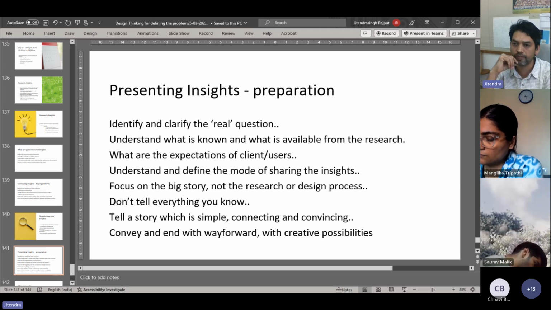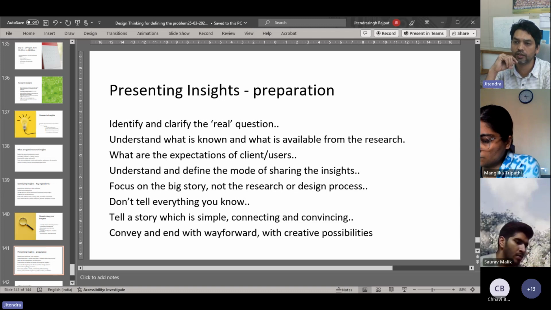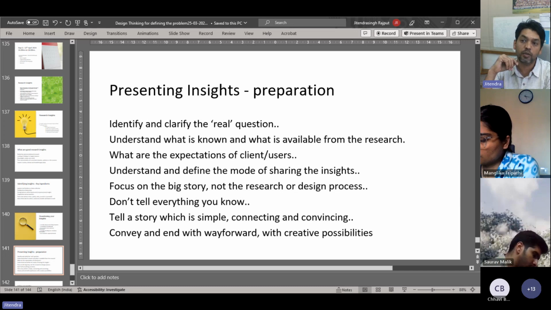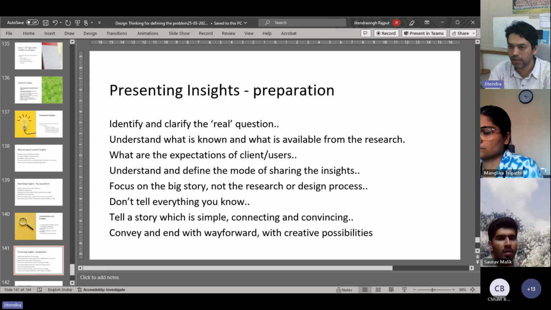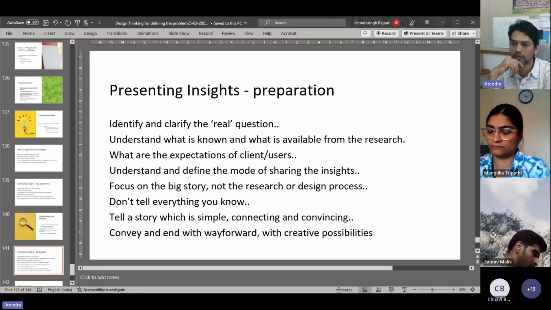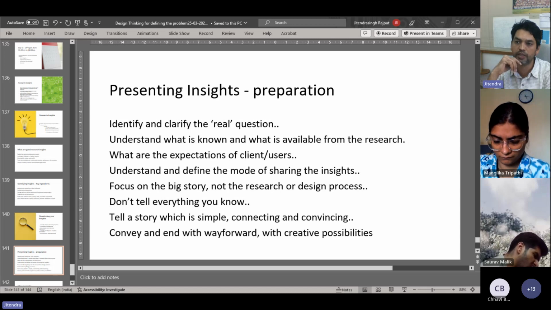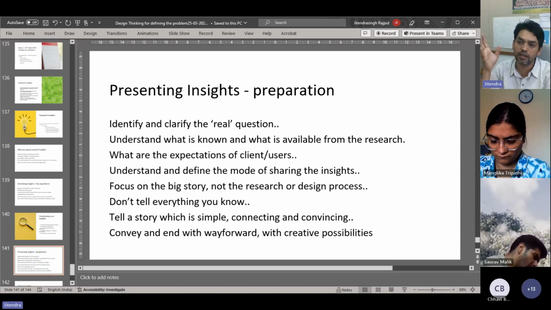Focus on the big story. You always should present your insights, your ideas, your approaches, keeping in mind your bigger approach, like medicine accessibility. The larger idea might be beyond providing medicines, might be to establish trust between government and the people.